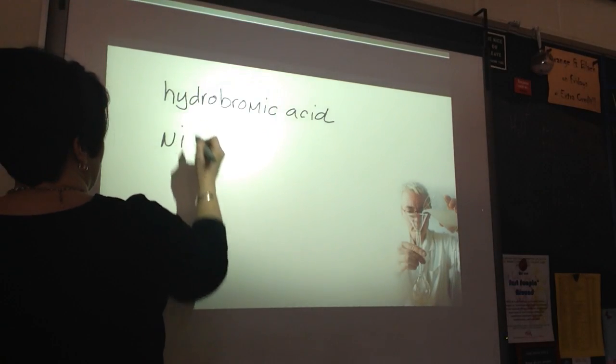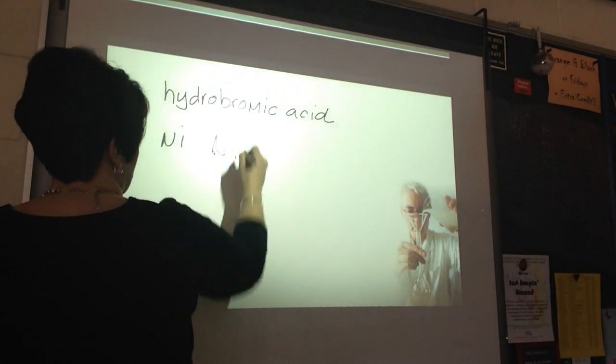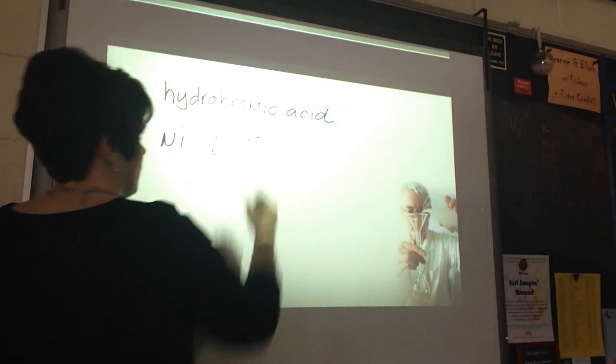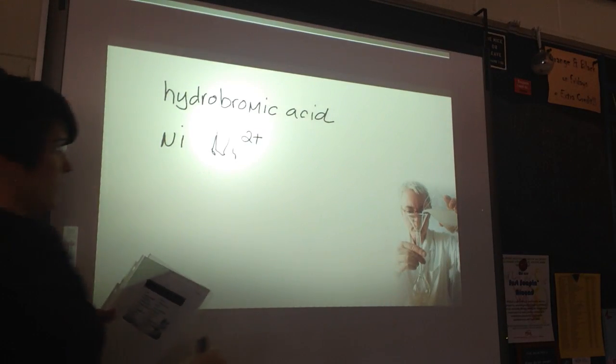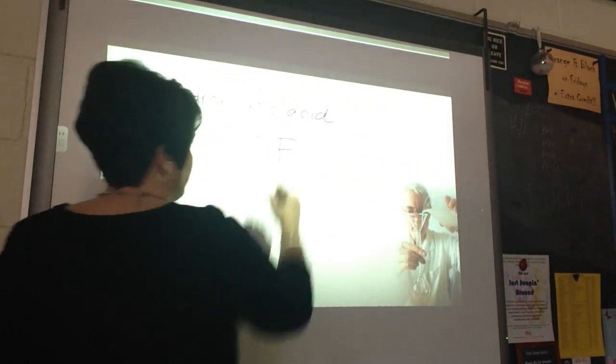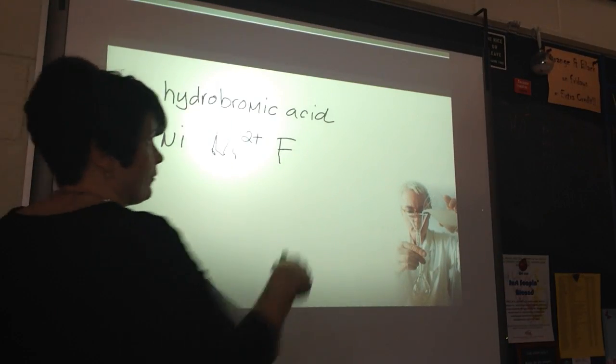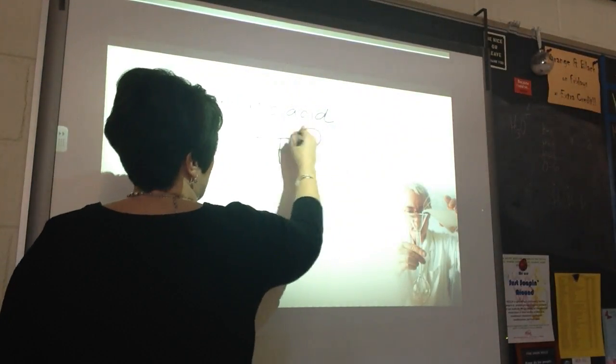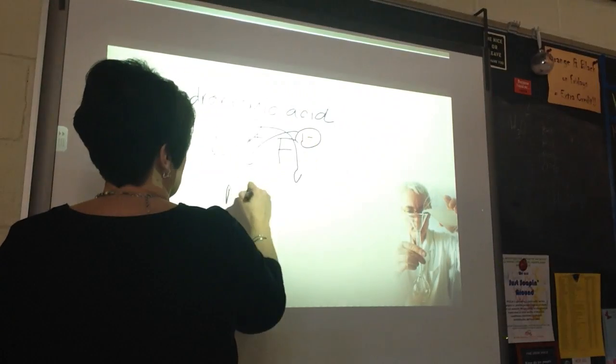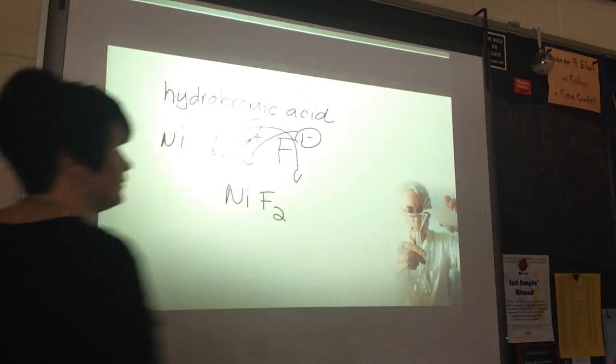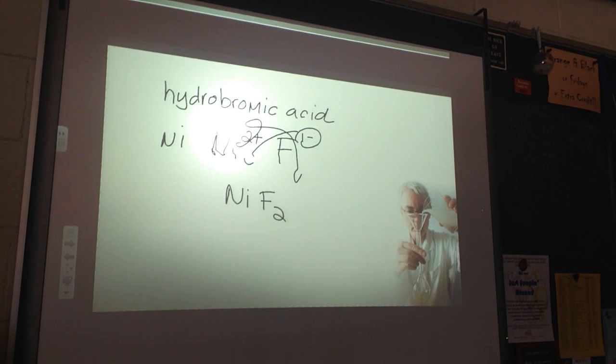So I have nickel with a 2 charge. And I have fluorine, and what's fluorine's charge on the periodic table? 1 minus. So this 1 goes here, 2 goes there. Yes?